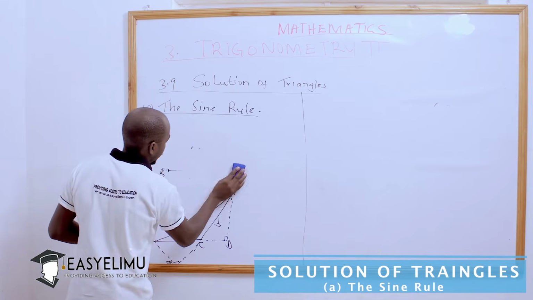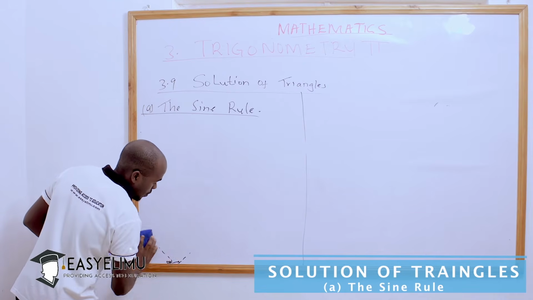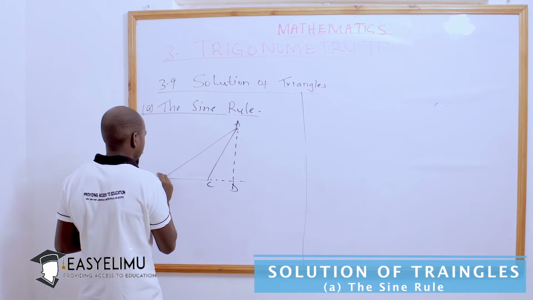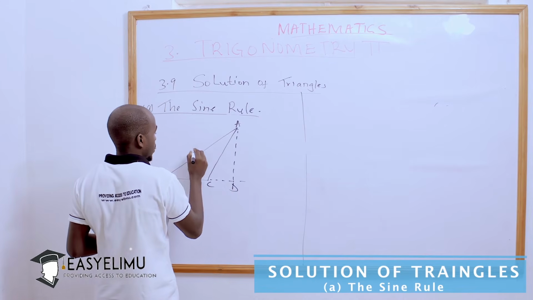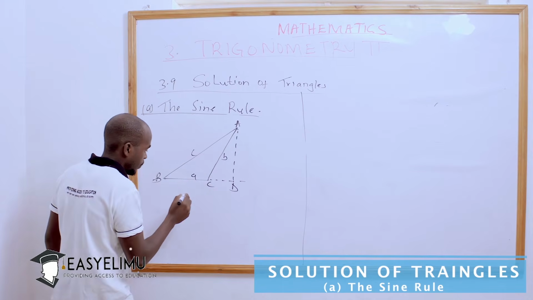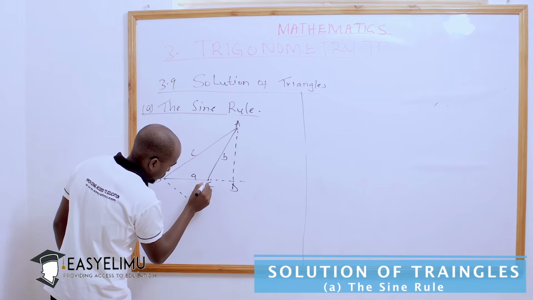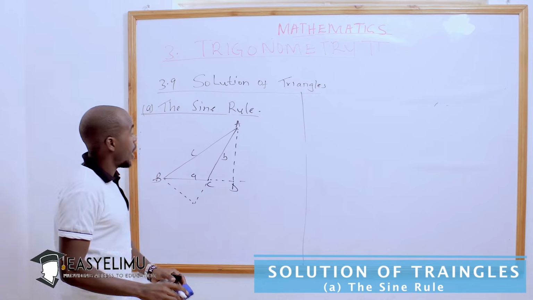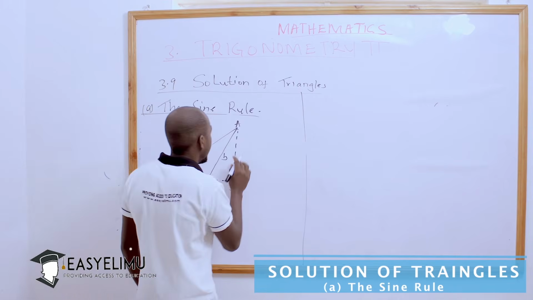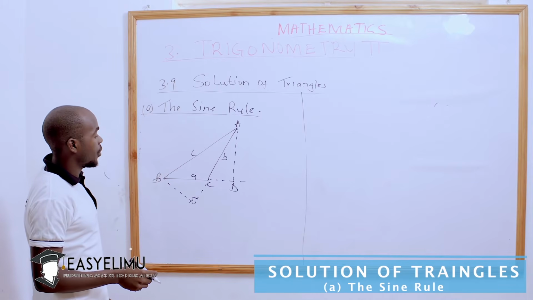I will just redraw that triangle here so as to use it well. If I need AD here, I can find it in a different way.